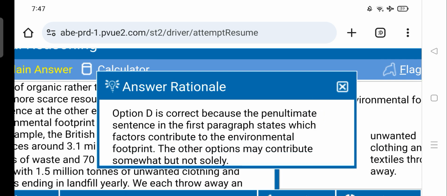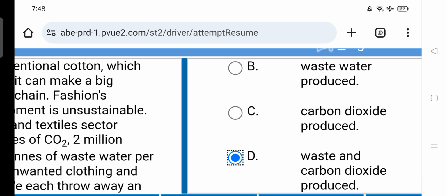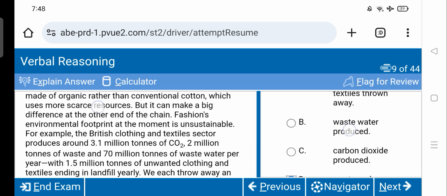Option D is correct because the penultimate sentence in the first paragraph states which factors contribute to the environmental footprint. The other options may contribute somewhat but not solely. So the correct option is D: fashion's environmental footprint refers to the waste and carbon dioxide produced.